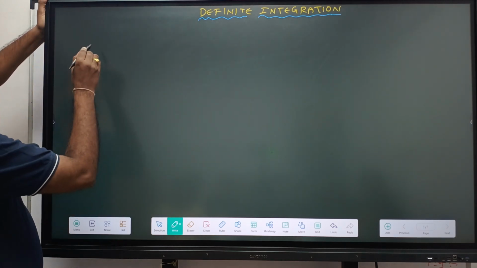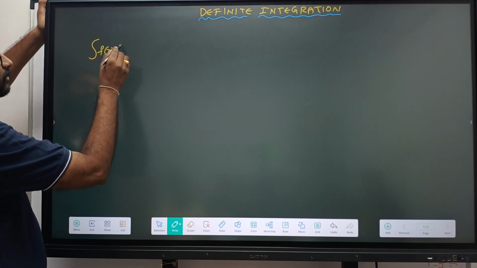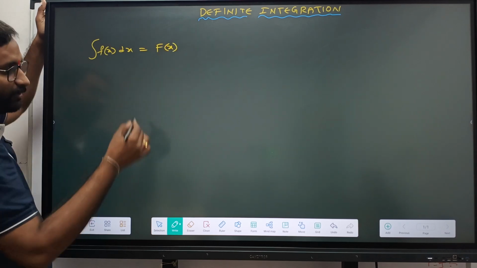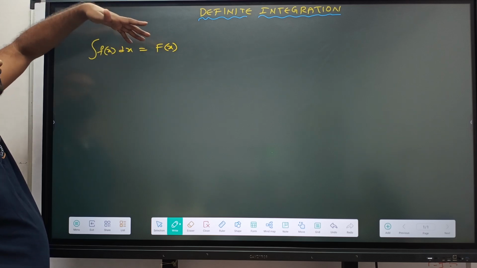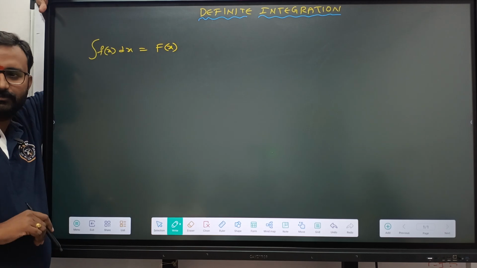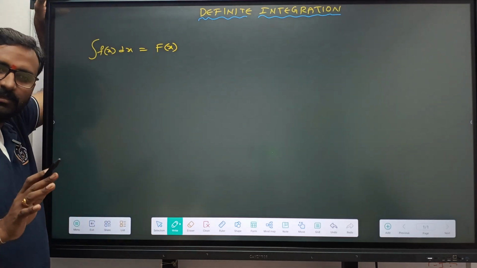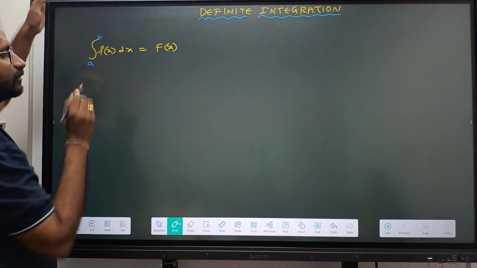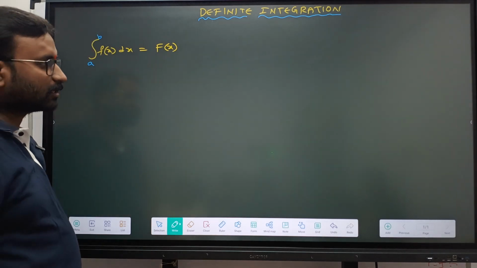We already know the integral of something is something. So the integration of cos x is sin x, minus cos x, and so on, all plus c. But here in definite integration, there is no plus c. We have limits, a lower limit and an upper limit.